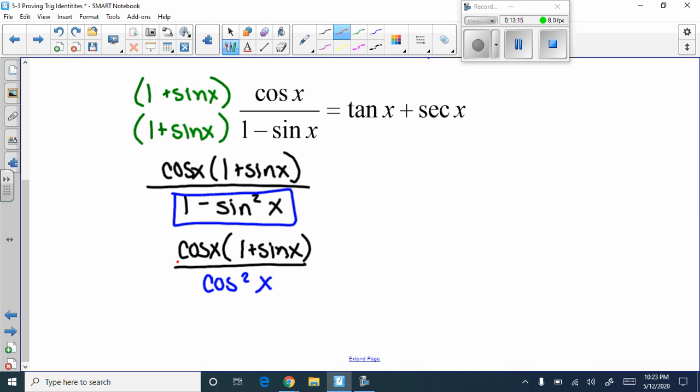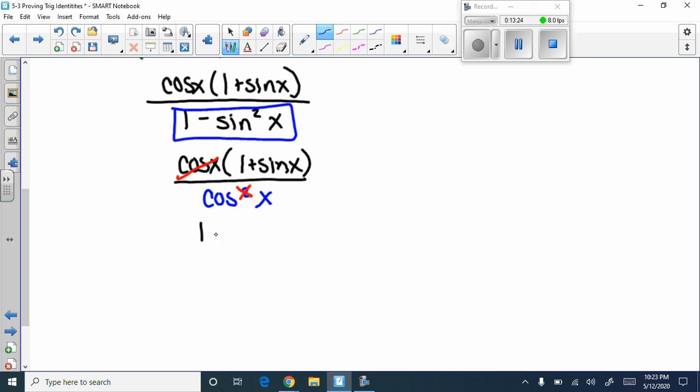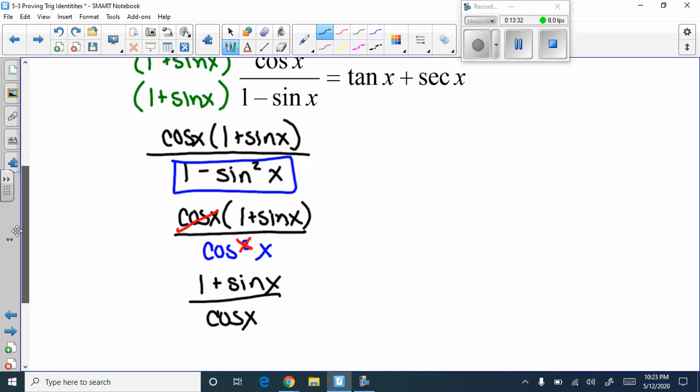And now we're going to notice that there's a factor here that we can cancel out, leaving us with 1 plus sine x over cosine x. And then we can go ahead and break this apart: 1 over cosine, sine over cosine.